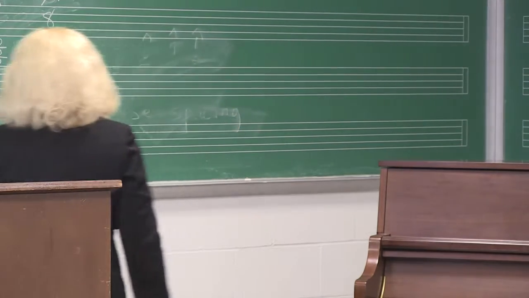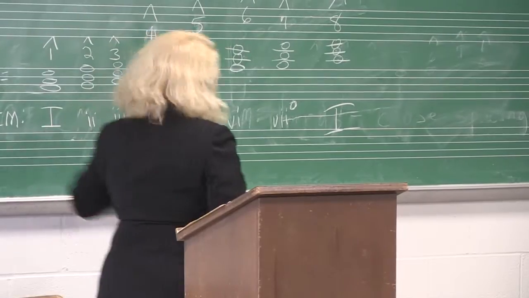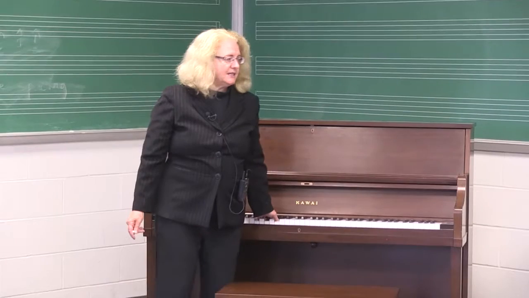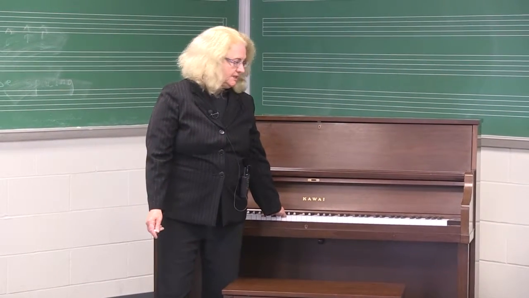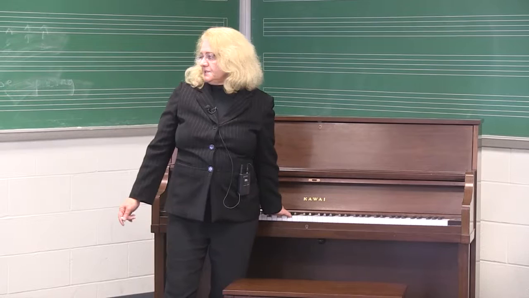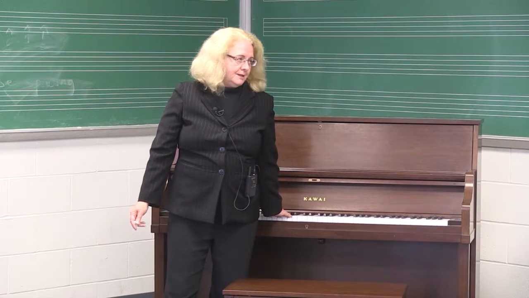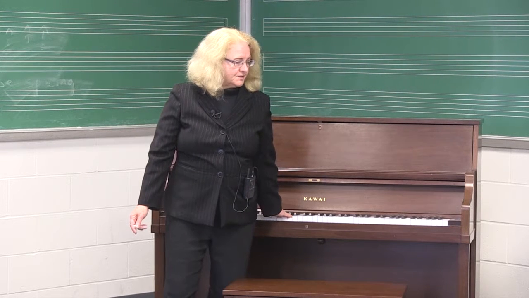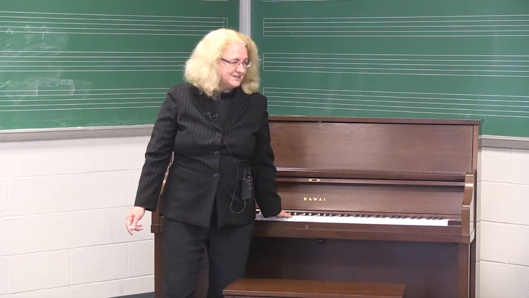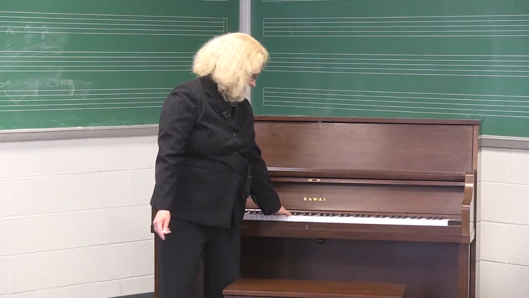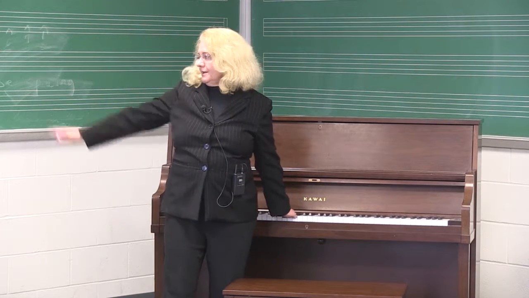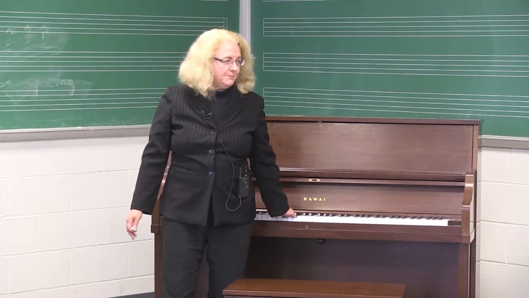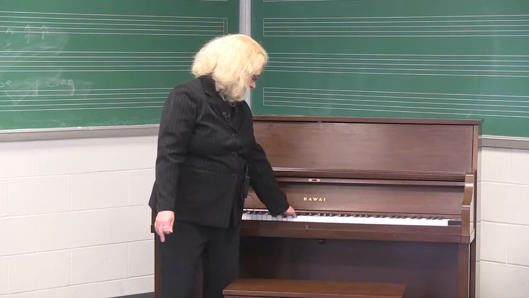All right, let me play these for you. C major, the tonic chord or the one chord in the key of C. D minor, the two chord or supertonic chord in the key of C. E minor, built on E, the three chord or the mediant triad.